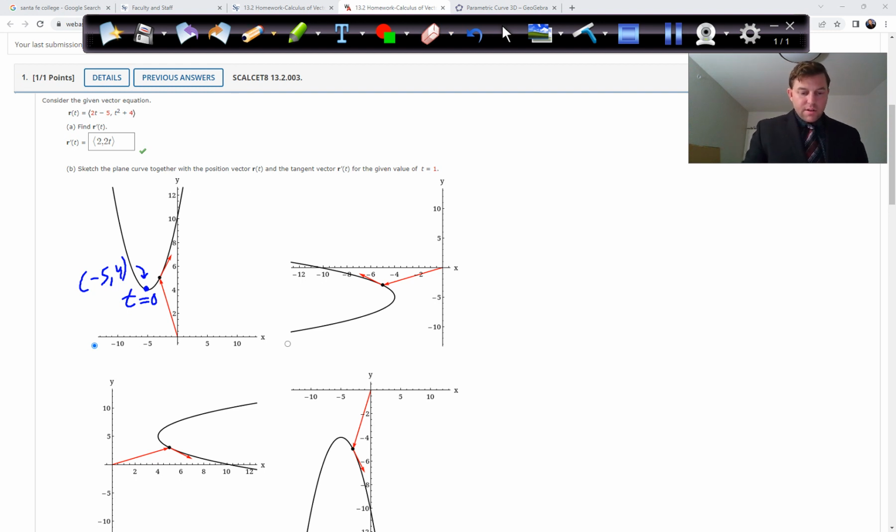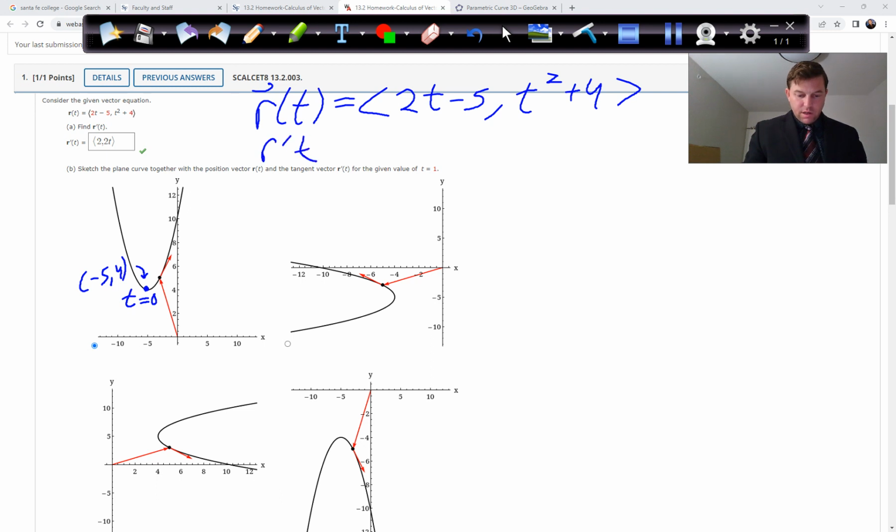Now the derivative of the vector function would be pretty straightforward. You just have to take the derivative of each of these component functions. So t squared plus 4. So we have to lean back on our calculus 1 derivatives, and the derivative of a constant in front of a variable is just the constant.